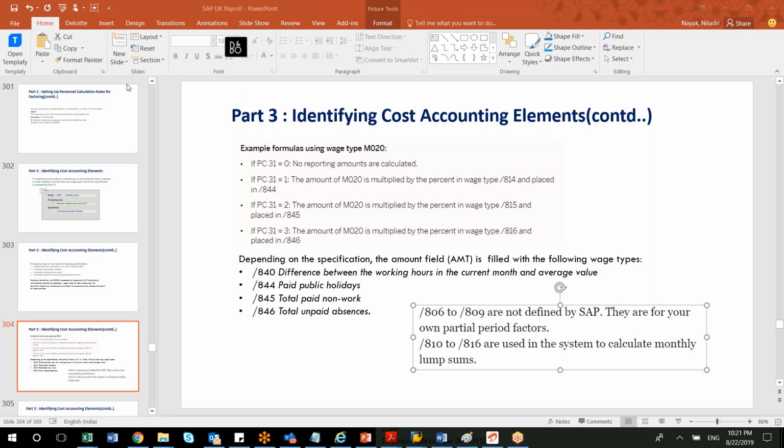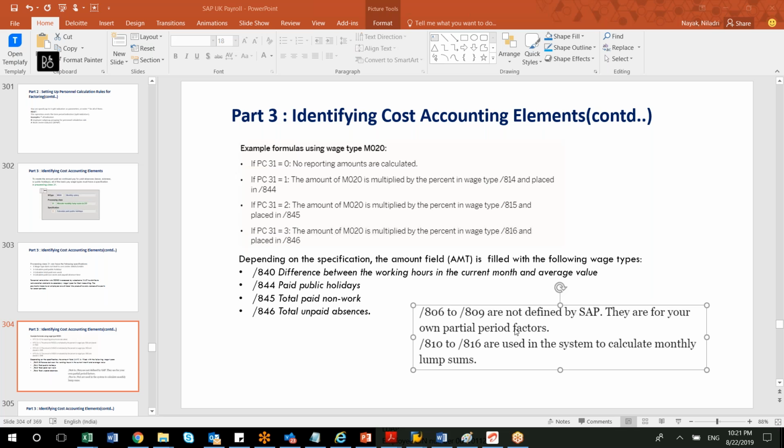There are some specifications inside those secondary wage types. /806 to /809 are actually not defined by SAP. Those are reserved for your own PPF, that is, partial period factors, if the client has some typical calculation of their own for how this factoring will be calculated.